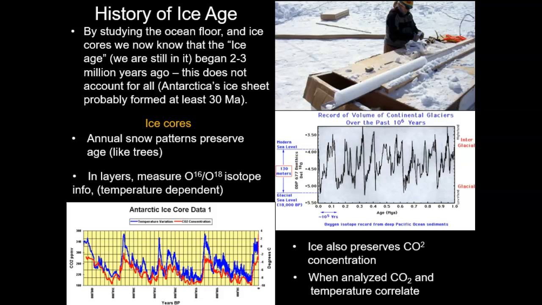So overall, by studying the ratio of oxygen-16 to oxygen-18 in these ice core layers, we can deduce the temperature for the time during which that layer was formed.